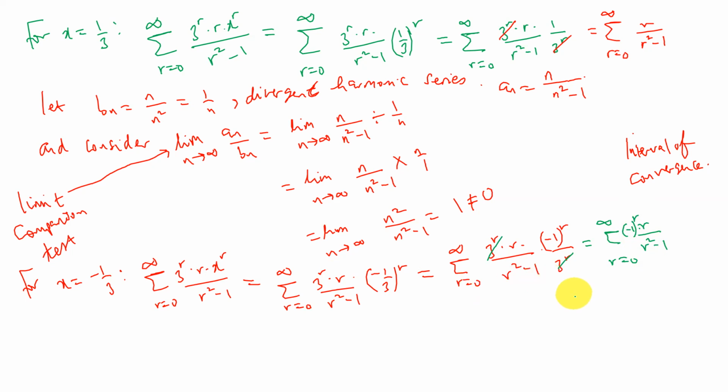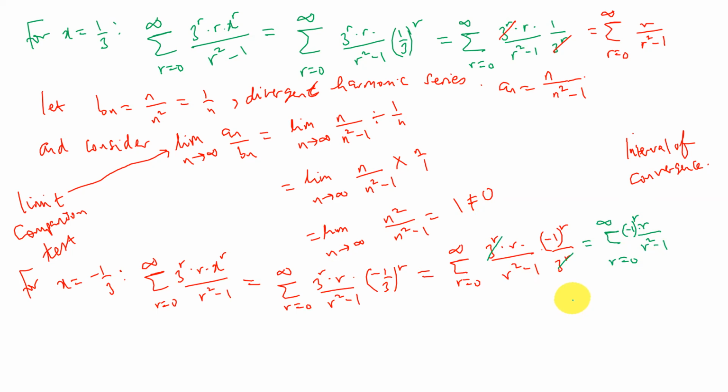So this one becomes an alternating series. For the alternating series part, you need to actually choose your Bn, right? So your Bn becomes everything else. And I'm going to just mention that here in passing.